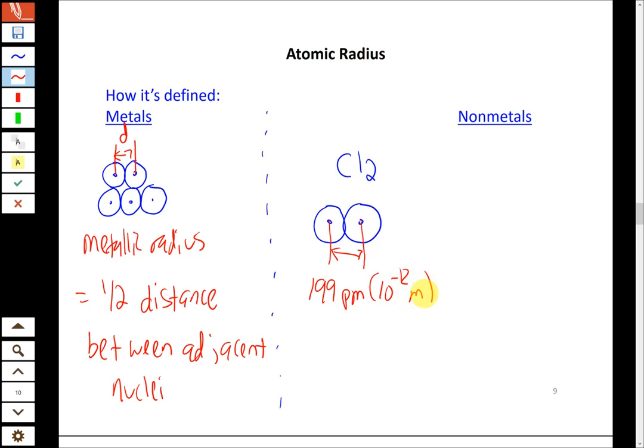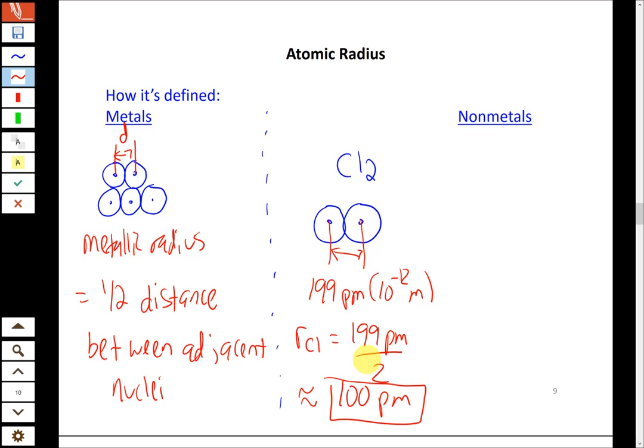So again, a very small distance for atoms, they're tiny. And then what we would define as the radius of a single chlorine atom would be that number divided by 2. So it's defined in a similar way. It's just that for nonmetals we're talking about molecules instead of bulk metals like we have for the other half of the periodic table. So we can get a radius for chlorine that's 100 picometers.